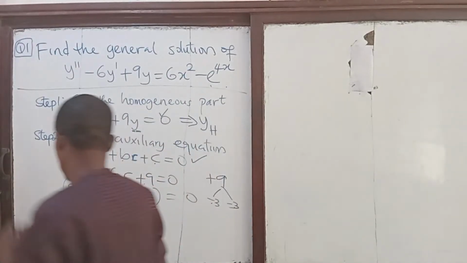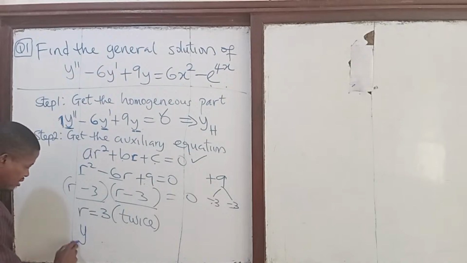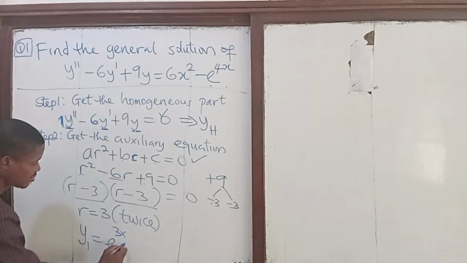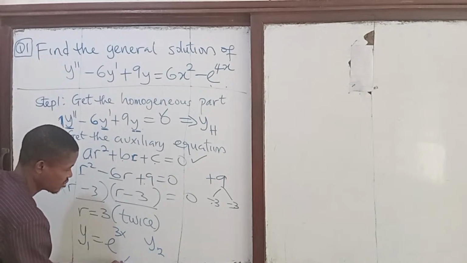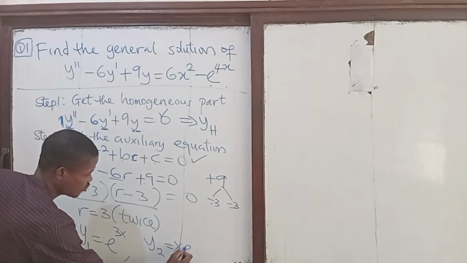So in that case, one of the solutions, y1, will be equal to e to the power 3x. y2 will be equal to x times e to the power 3x.